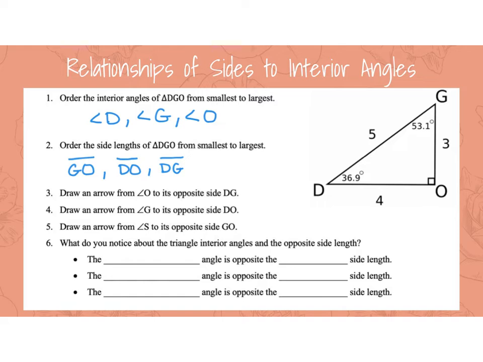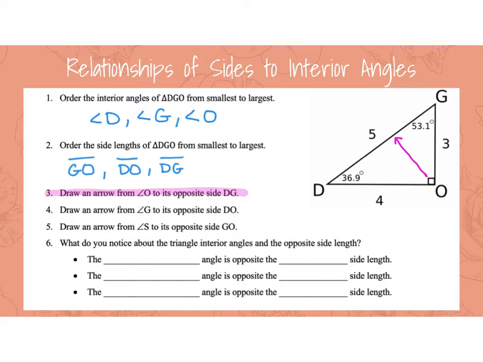Question 3 says to draw an arrow from angle O to its opposite side, DG. So I'm going to start at angle O and draw my arrow across to side DG.